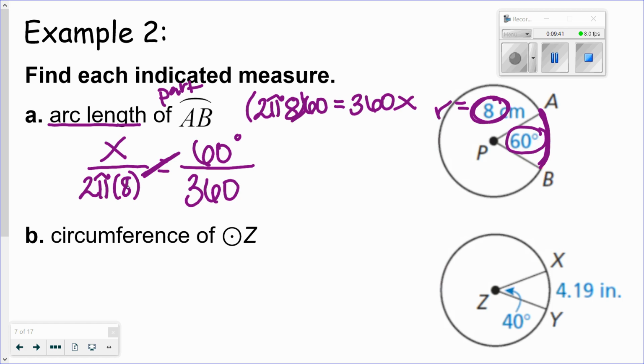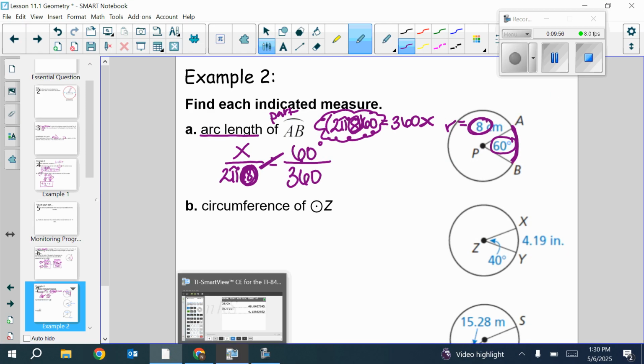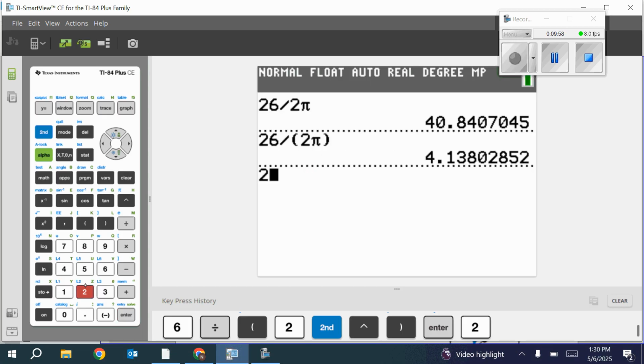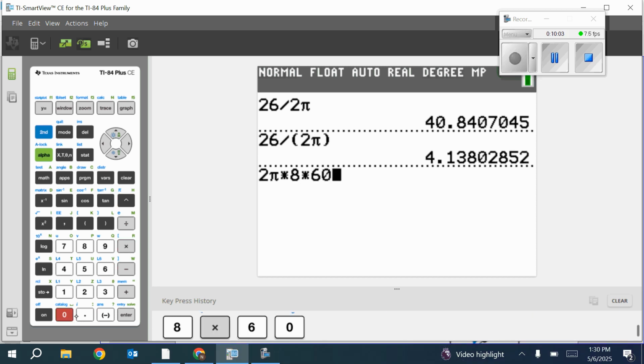Okay, look at what I did here. I wrote r. Make sure that you put this as 8. We don't want it. I looked and there's too many variables. We just want this x here. Okay, so plug in your calculator. 2 pi times 8 times 60. Okay, so you're going to get this large number.